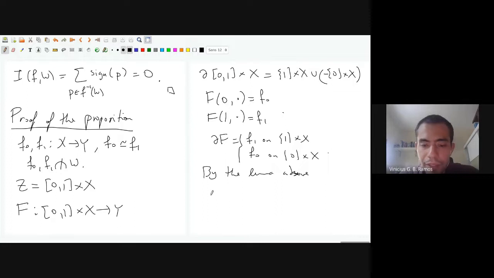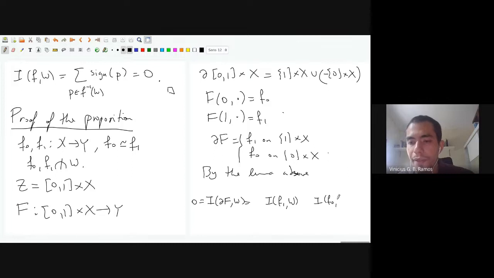We have that the intersection of the boundary with W is 0. So the points on the boundary of F intersected with W are going to be the points of F1 intersected with W and F0 intersected with W. So you have the term for F1 W, and the term for F0 W. But because of the orientation here, one comes with one sign and the other comes with the other sign. So this one, say, comes with a positive sign, and this one comes with a negative sign. And that's basically what you get.